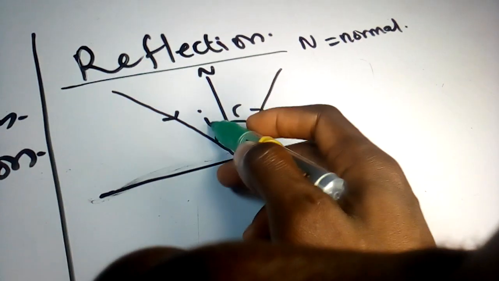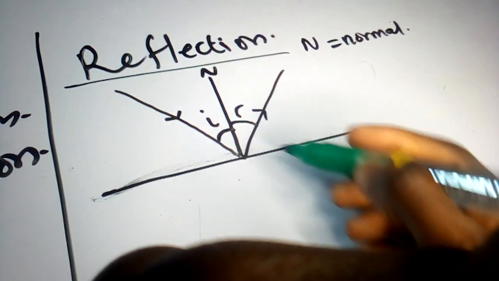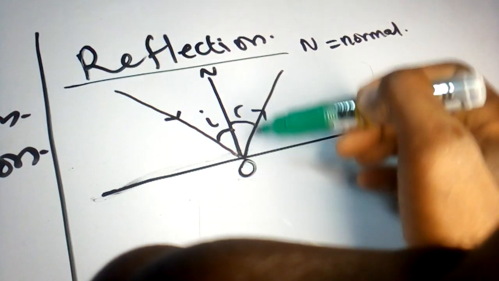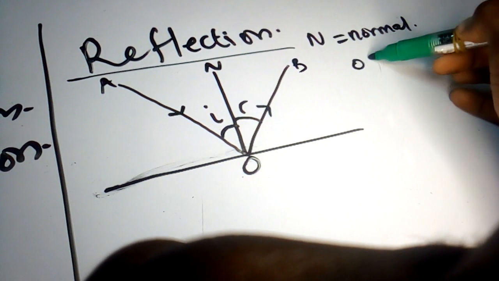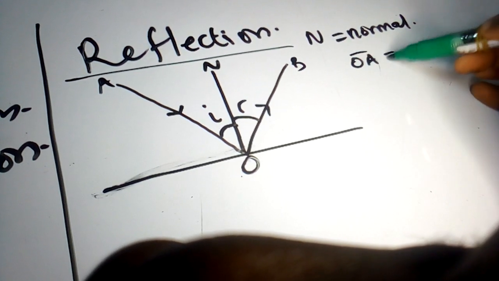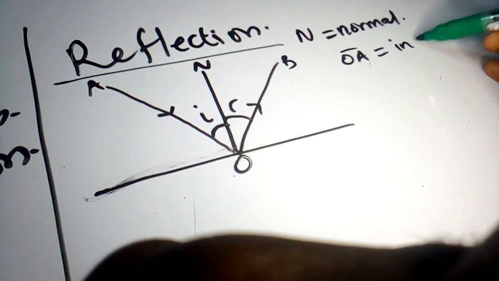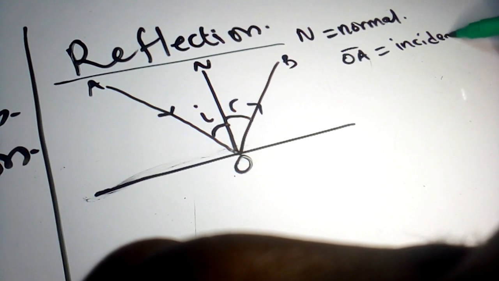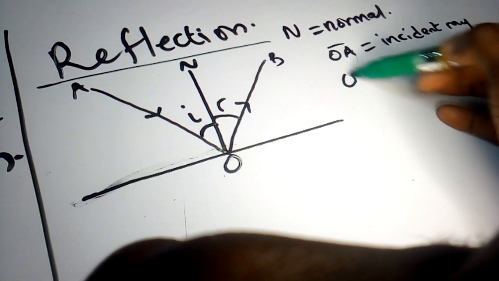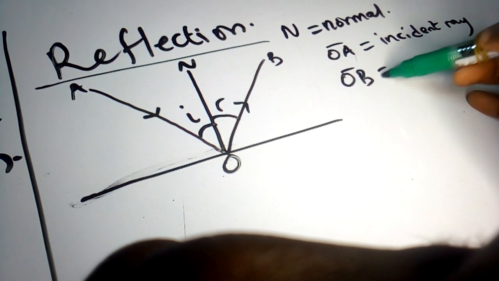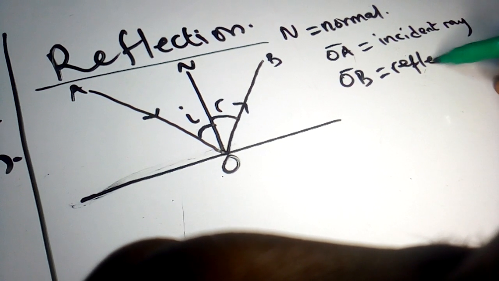So this is the angle of incidence, this is the angle of reflection. If I name this O, and this is A, and I name this B, it means OA represents the incidence ray, or incident ray, then OB represents the reflected ray.